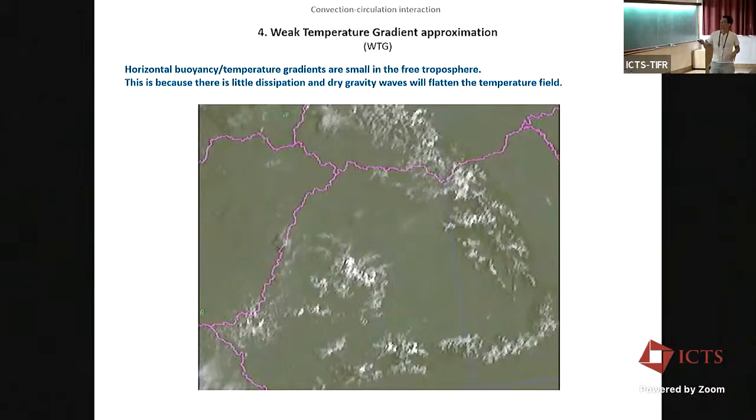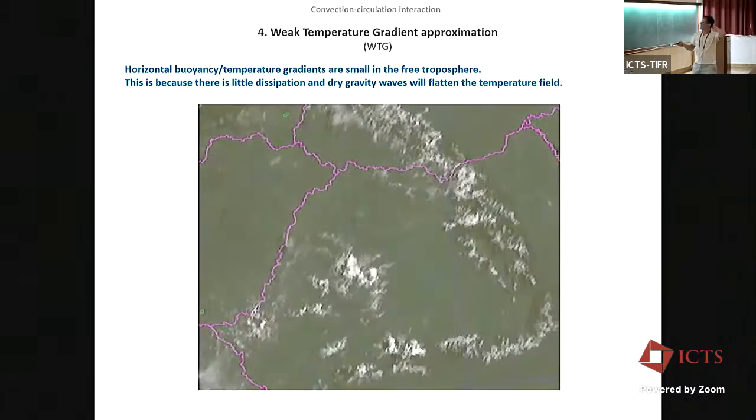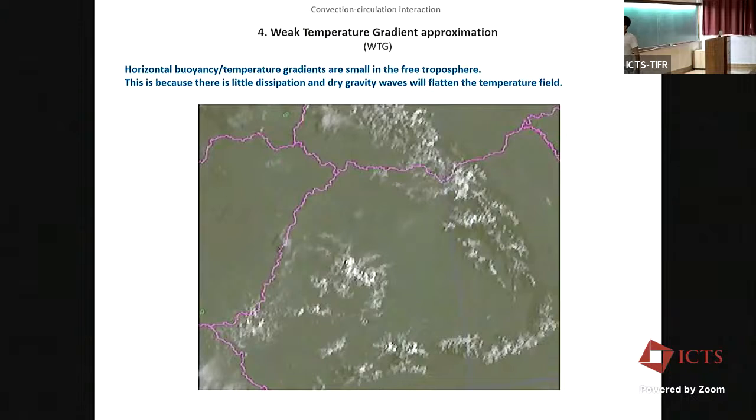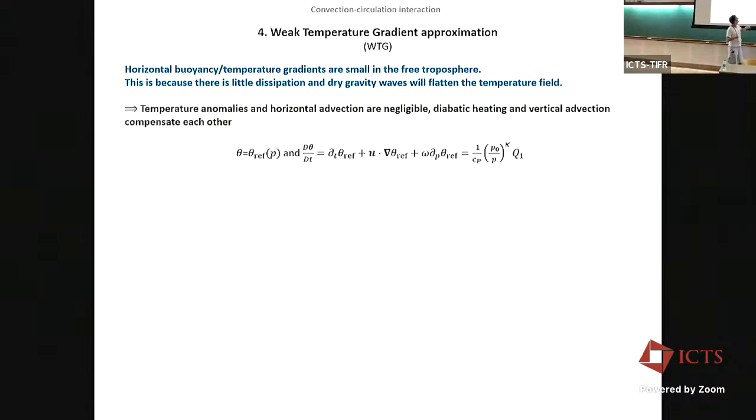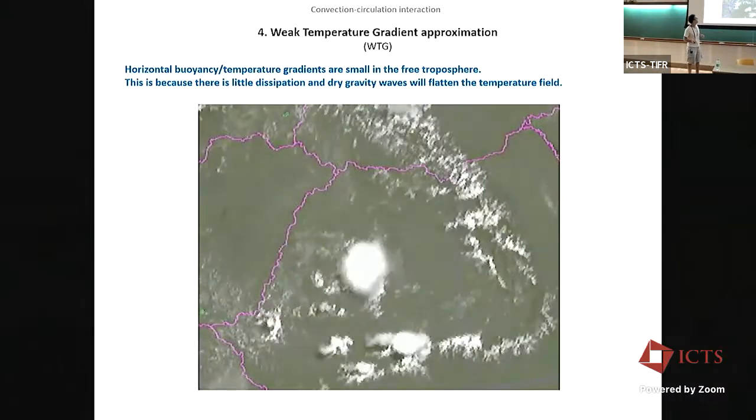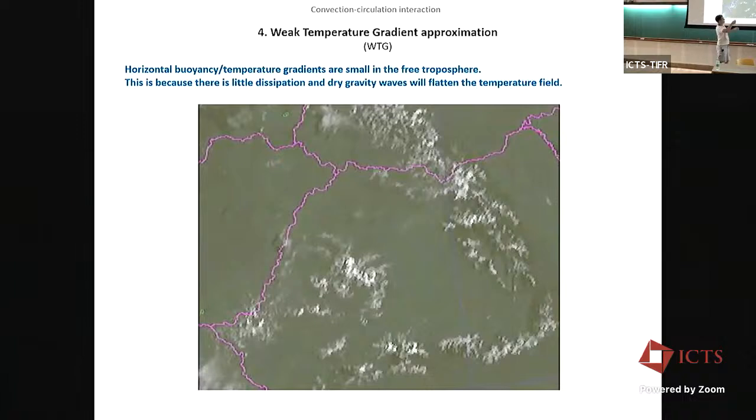Thanks. And what you can see in this very short video is that there is a gravity wave that's emitted by convection here. And we can see it only because there is a little bit of condensation at the crest of the wave on the side here. So you can see it here, right?